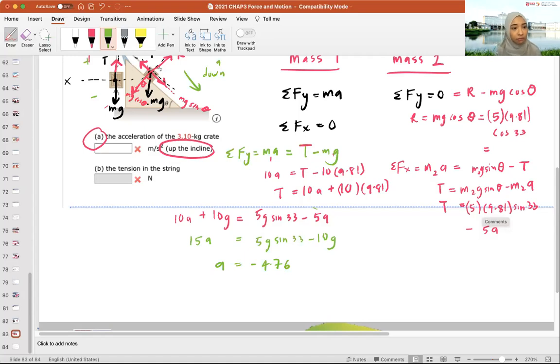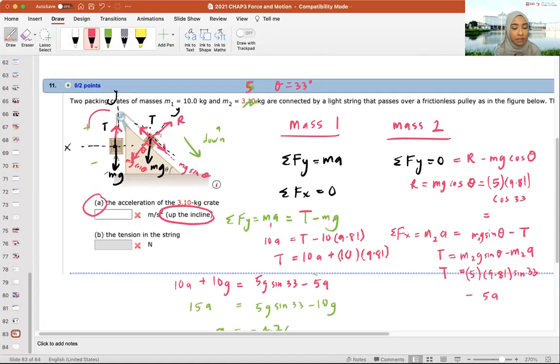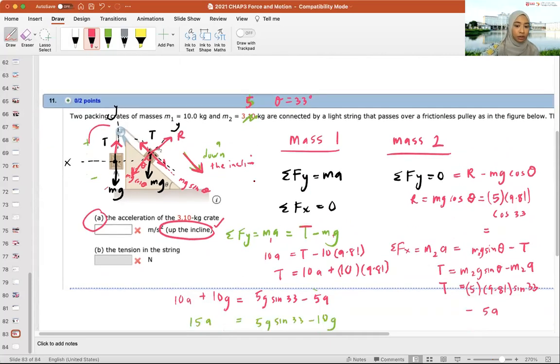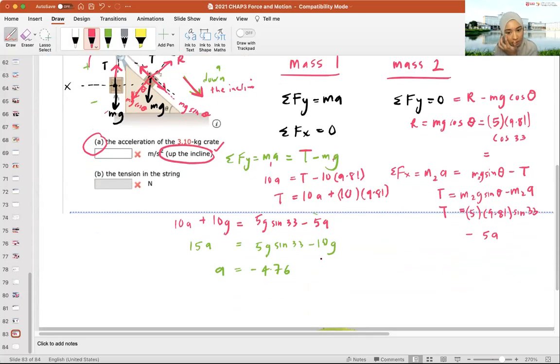Now I get a negative magnitude, which means that my assumption for the motion is wrong. Sebab jawapan memang cakap up the incline, ni dia bagi. Tapi saya cakap, okay, saya nak assume dia terbalik. So I say that the motion is down the incline instead of up the incline. The answer that I got is negative, which means indeed my assumption is wrong.